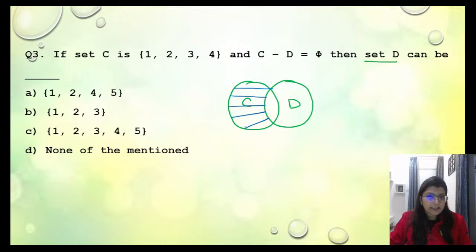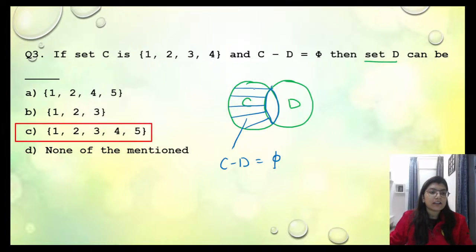This is C minus D, and they are saying that this value C minus D is equal to 5. So if C is 1, 2, 3, 4, this means that what is present in D? C minus D, intersection D, we are having a few elements. Nothing comes in 5, meaning this has nothing over here. So the correct answer is option C, that is 1, 2, 3, 4 and 5. Correct.